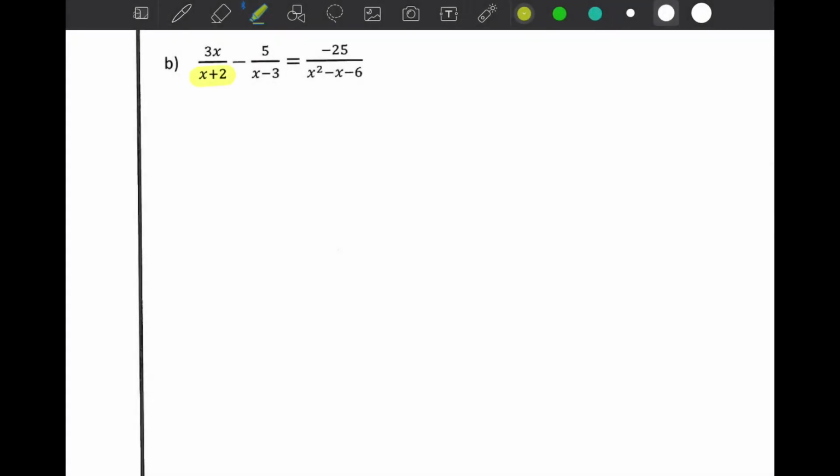Part B, we have these different denominators, and let's factor what we can. So we have 1 by 1, 3 by 2, and because this is a negative coefficient, I want the bigger magnitude to be negative. Let's cross multiply and add. We have 2 minus 3, which is negative 1. So this works.